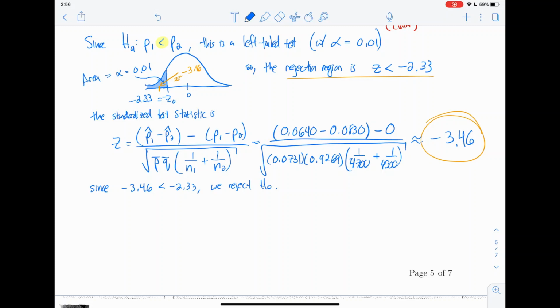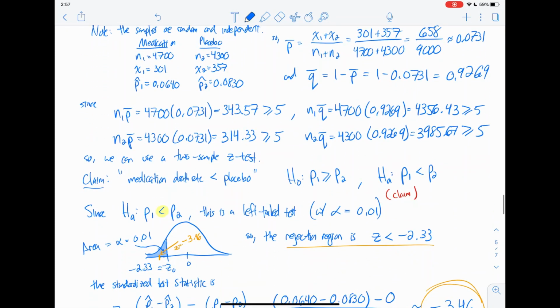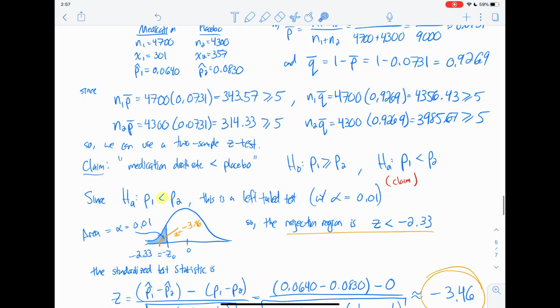What does that mean in the context of this problem? Well, let's take a look at what our claim was. The claim was the alternate hypothesis. We just realized that we can reject the null. If we reject the null, that means we've gathered support for the claim.